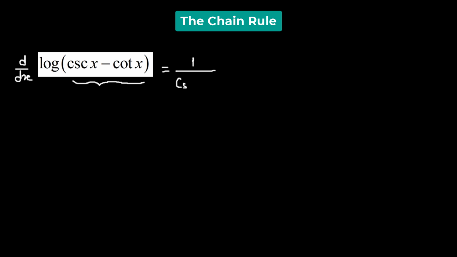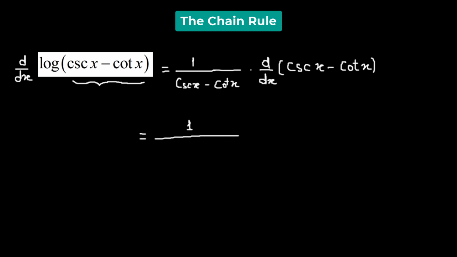So x here is cosec x minus cot x, multiplied to the derivative of the argument, which is cosec x minus cot of x, which will be equal to 1 over cosec x minus cot of x.